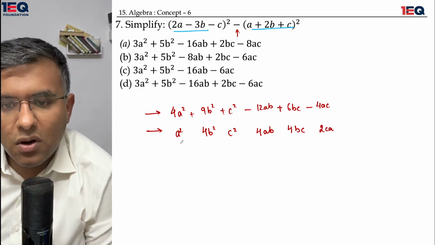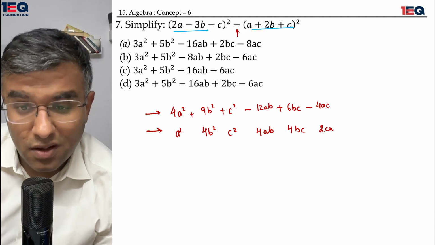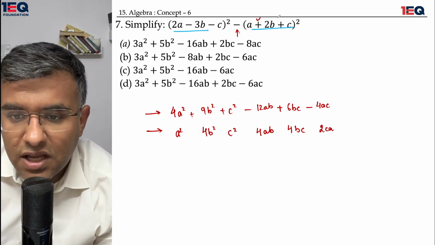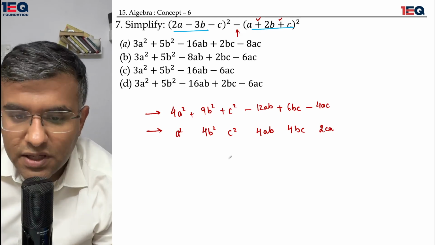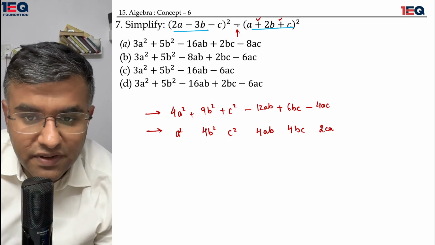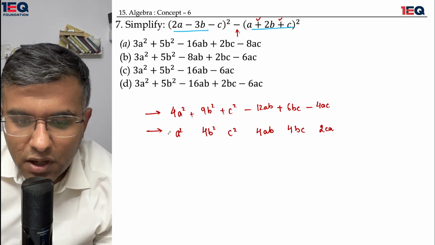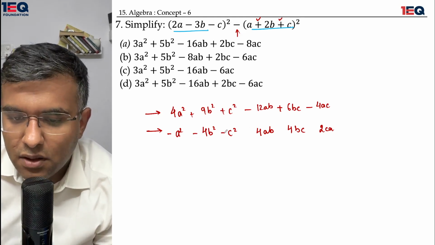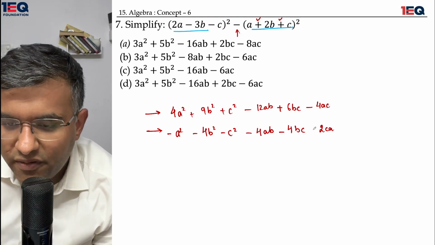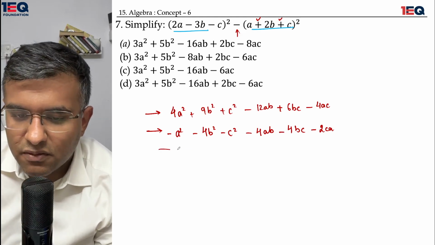All of them are supposed to have a positive sign because they have a positive sign between each one of them. But because of a negative sign on the outside, all the signs are going to be flipped and all of them would become negative.